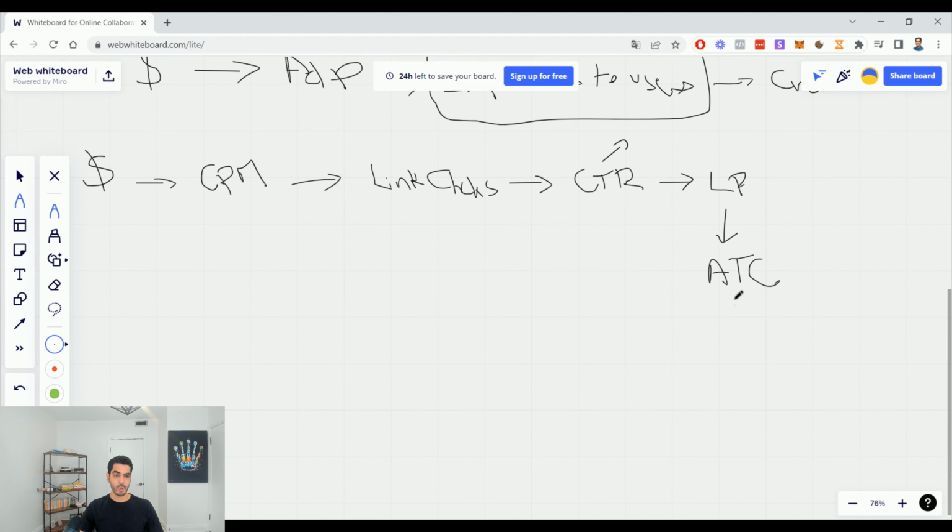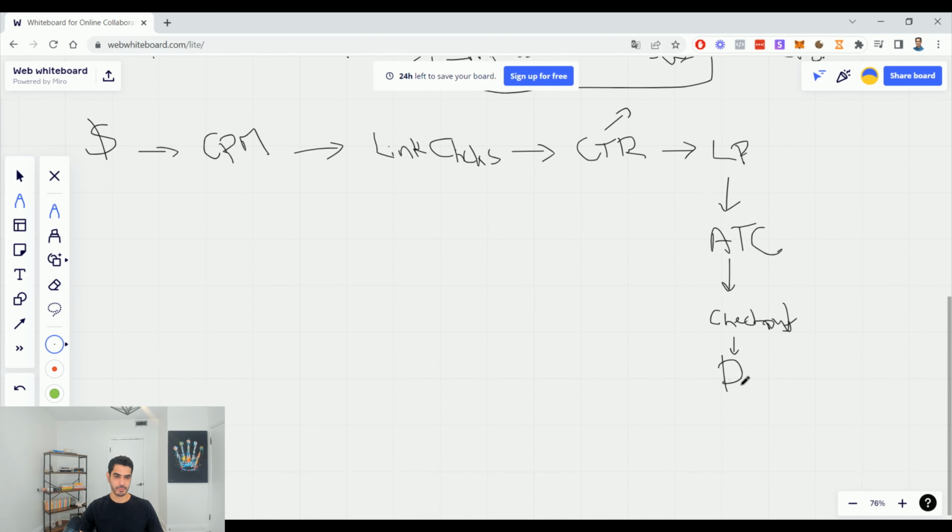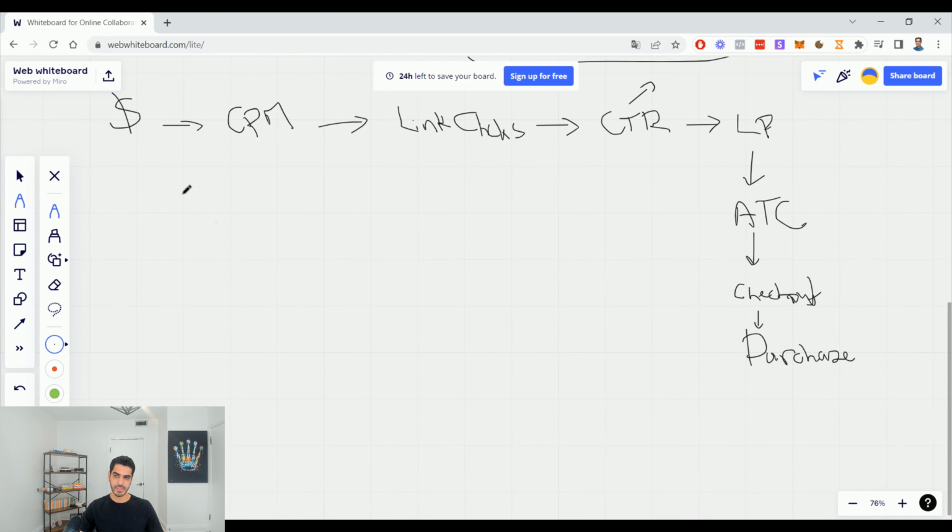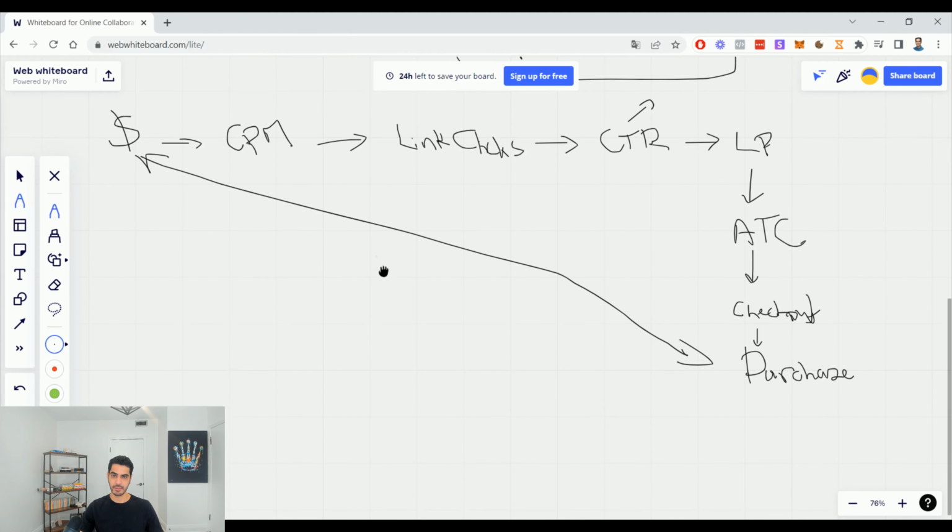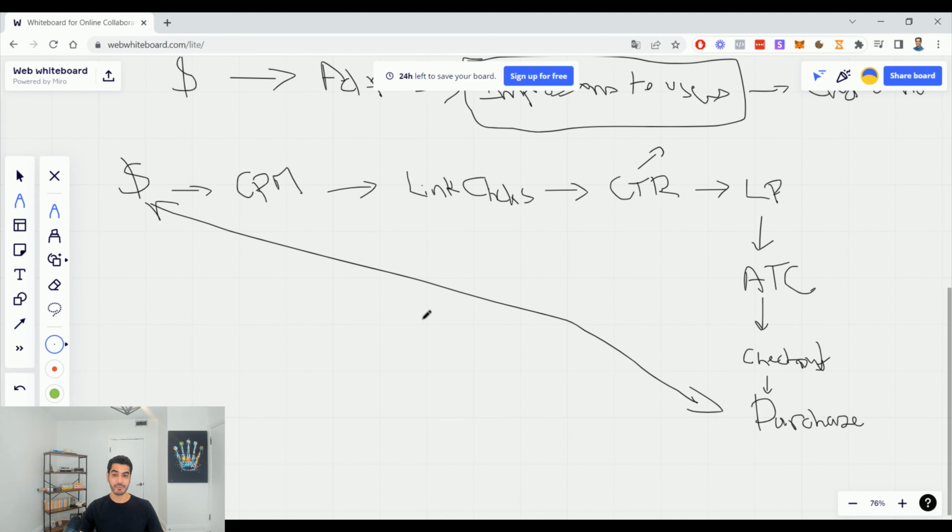Then they can check out, and then they can purchase. So you see the distance between the purchase and the money you're paying is very, very big.